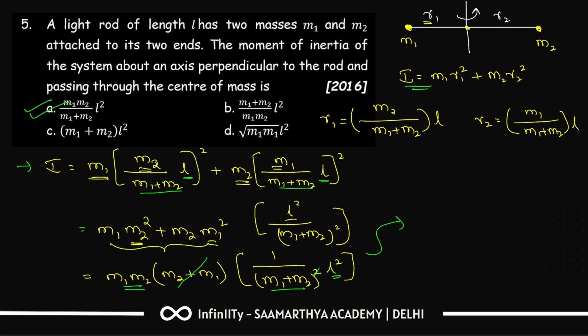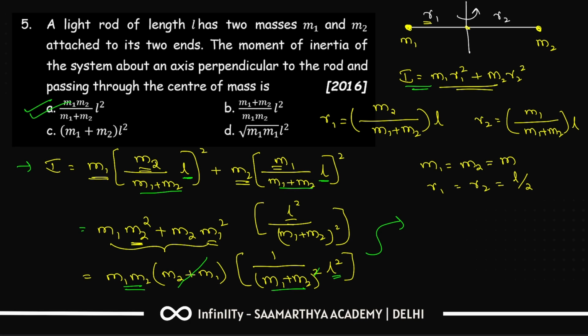We are considering m1 is equals to m2 is equals to m, and r1 is equals to r2. If R1 is equals to R2, then this will be exactly equals to L by 2.